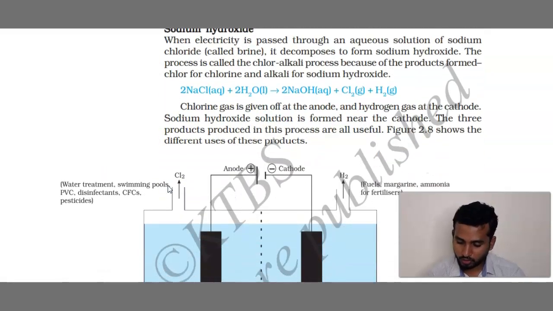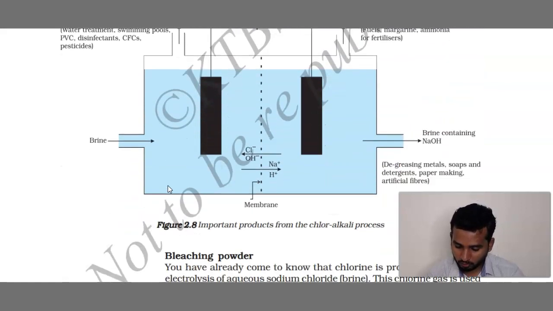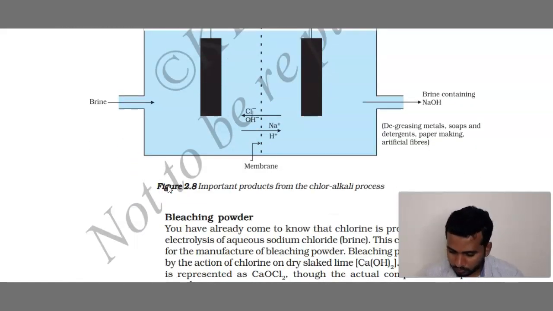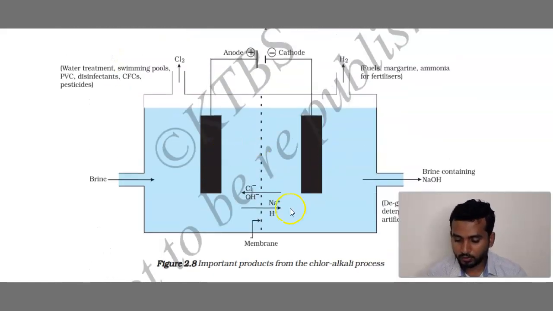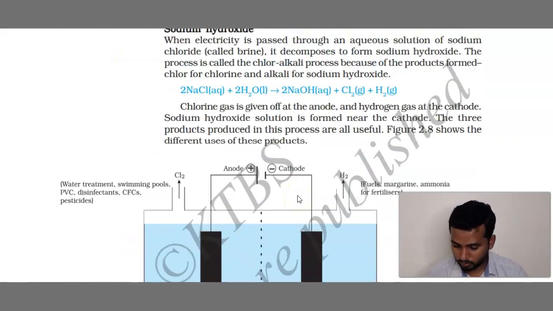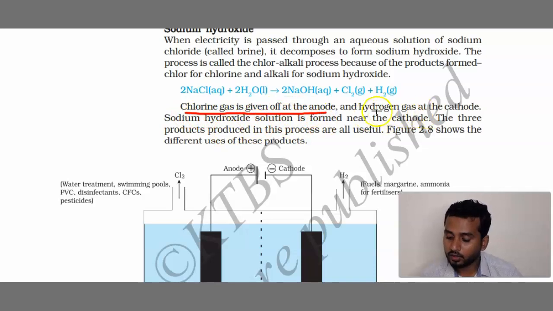Similarly, they will ask you one more question. Just a minute. You have to draw this figure. Done? And they will ask you this question. During the chloralkali process, chlorine gas is given off at the anode, hydrogen gas at the cathode, and sodium hydroxide solution is formed near the cathode.